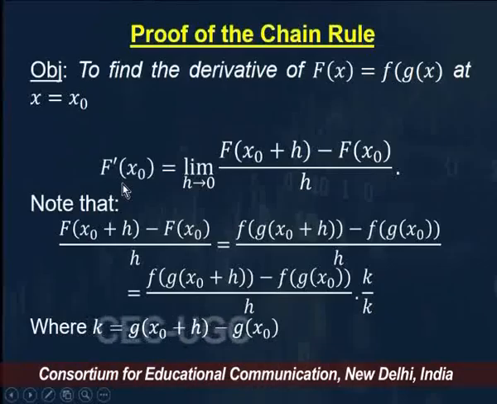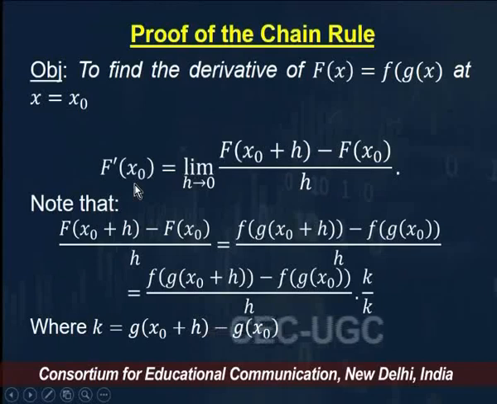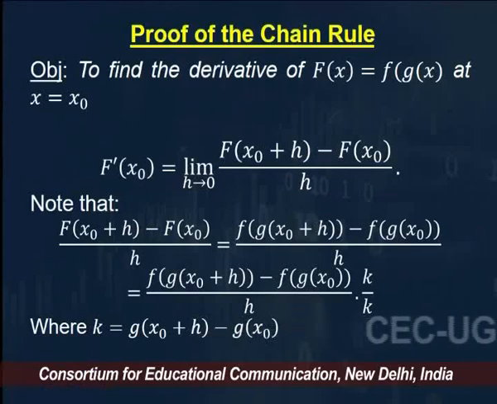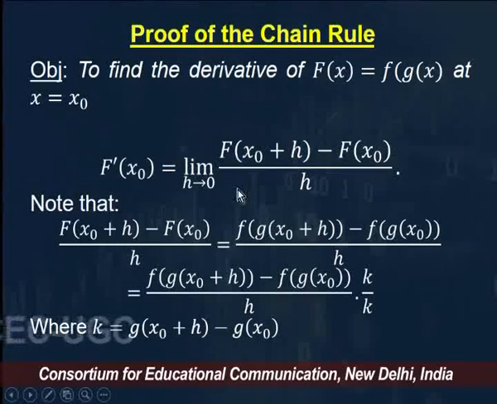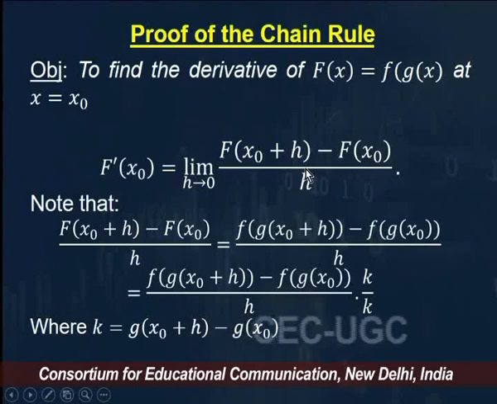Now, if I were to develop this proof from the basic limit definition, we have our capital F function, which is a function of x, and I want to develop the derivative at the point x naught. That is given as the limit as h tends to 0 of capital F of x naught plus h minus capital F of x naught, divided by h.